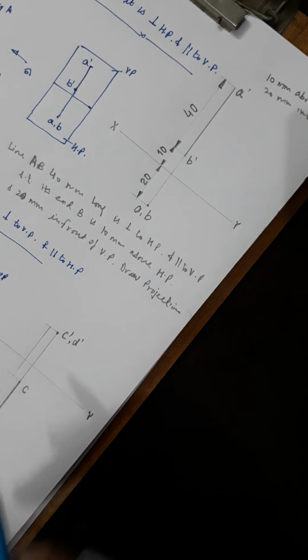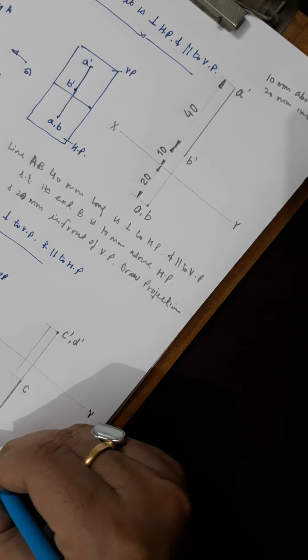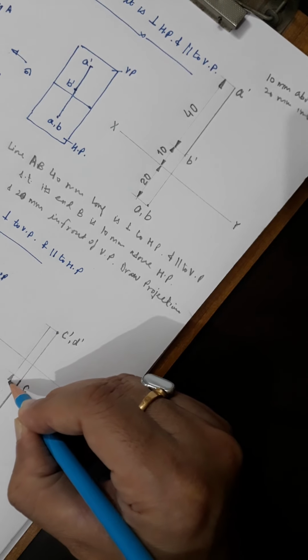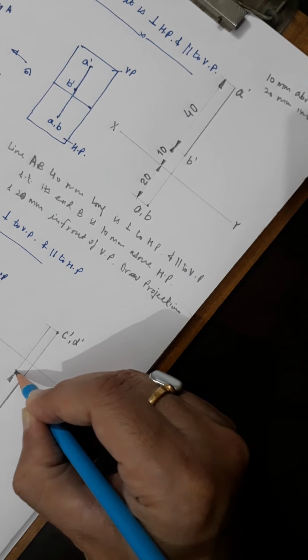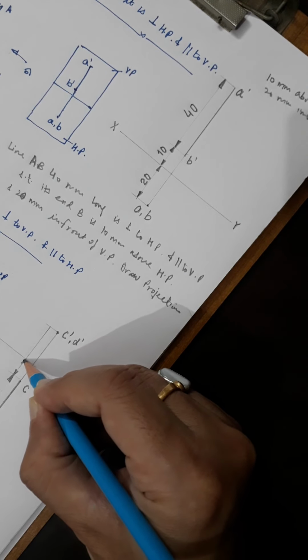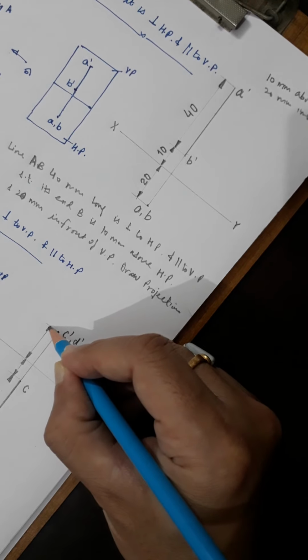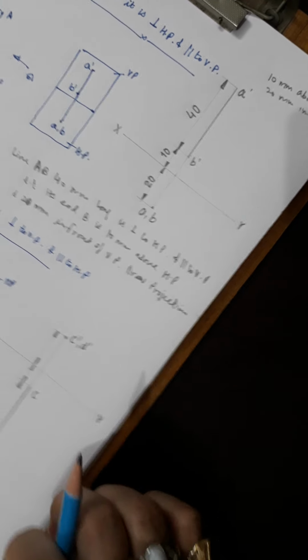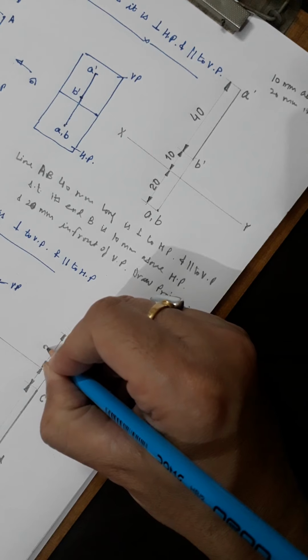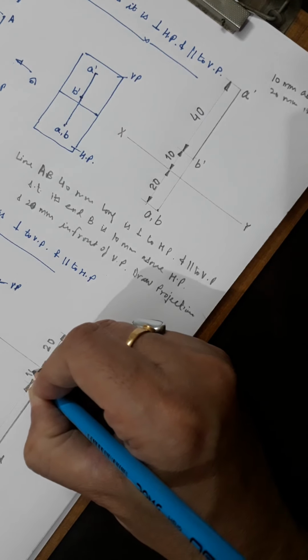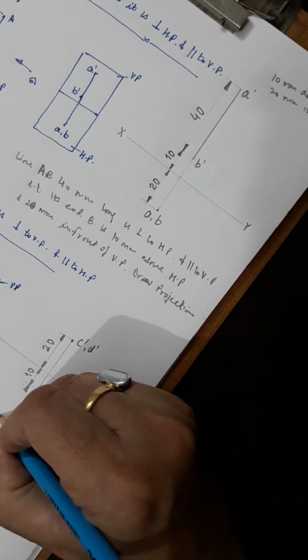Now here you can see, you have to draw the arrowheads. Yes, so this is say 20, I am here taking it as 20. As per the statement I have to take, now I will give you the statement as well.